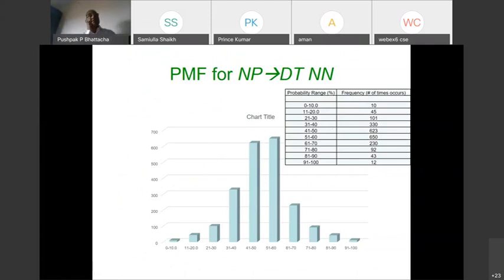I hope I am making my point clear. So this distribution is bell-shaped, though the distribution of NP going to DT NN in the actual data need not be bell-shaped.